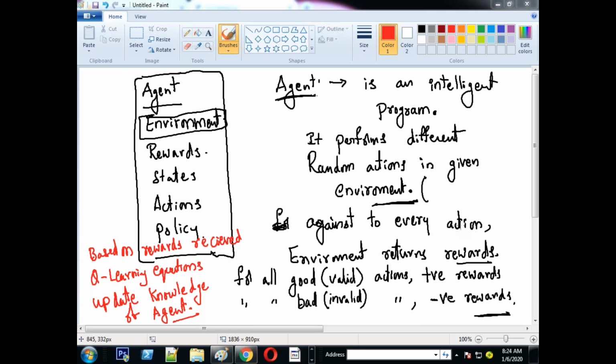Next onwards, you should not get -1. On such a way, you will update your knowledge. Understand? Okay, in the next time, you did a good action, right action. At that moment, if I am environment, I give you +1 as a reward. Next onwards, always you are trying for +1 only.